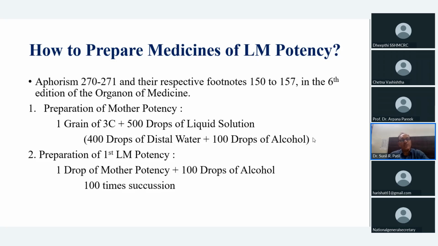Firstly, for the preparation of the mother potency, there is one grain of the 3C plus 500 drops of liquid solution. This 500 is made of 400 drops of distilled water and 100 drops of alcohol. You know that the 3C is made from the drug substance, whether soluble or insoluble, solid or liquid juice, saturated with sugar of milk, up to the third centesimal potency.